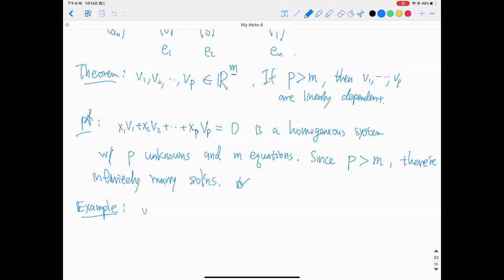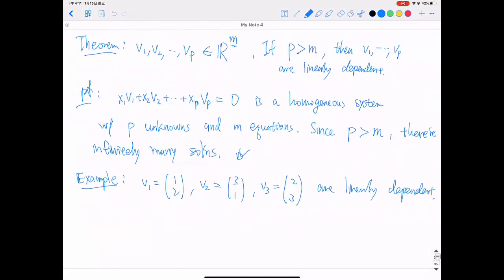So for example, if you have three two-dimensional vectors, whatever the three vectors are, they are linearly dependent. Okay, that's just how it is. All right, now we stop here.